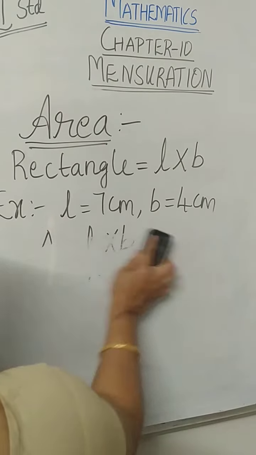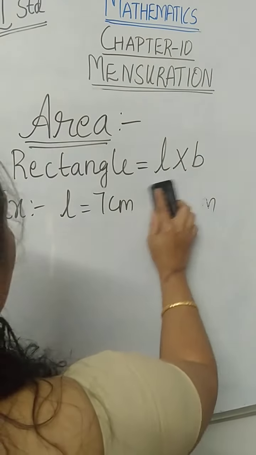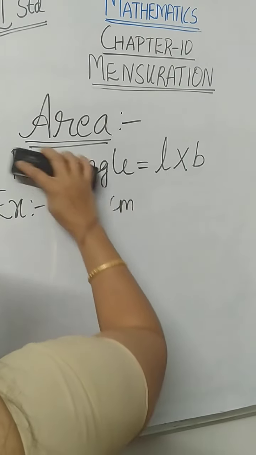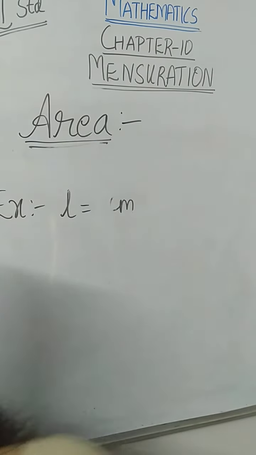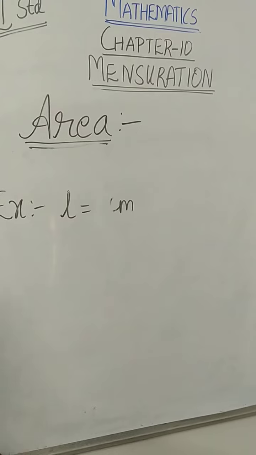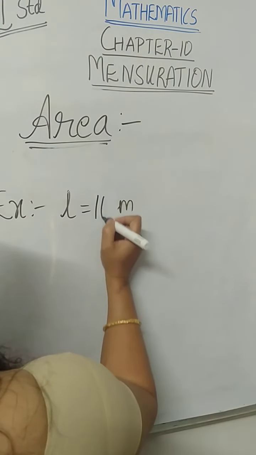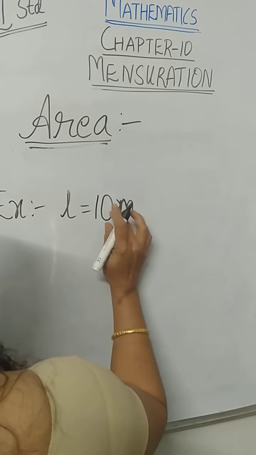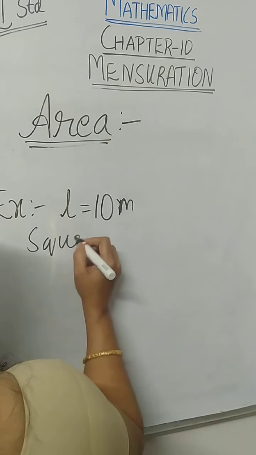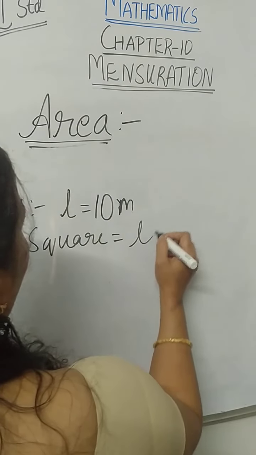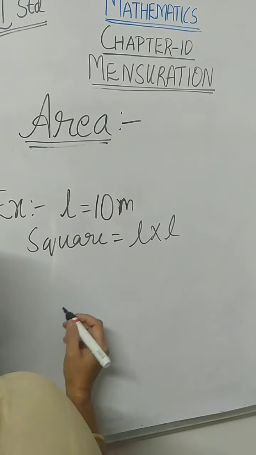Now let us see how to calculate the area of a square whose length is 10 meter. Not centimeter, it is meter. Area of square is calculated using the formula L into L. What is L here? 10.